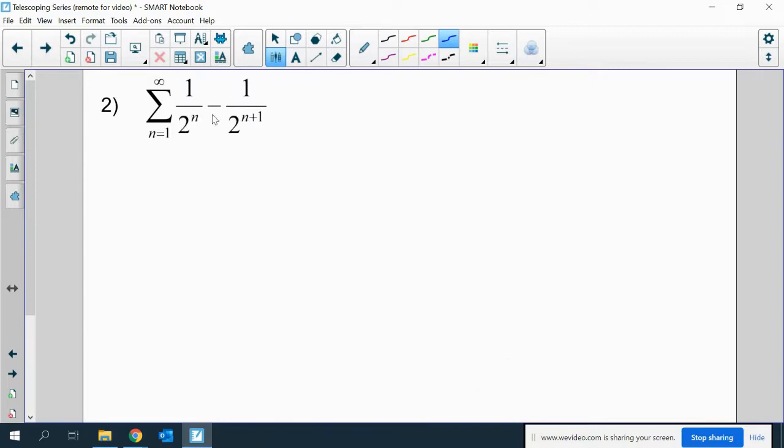So now let's use a similar tactic to try and do this one. If I take the first partial sum, I'd end up with 1/2 minus 1 over 2 squared, which would be 1/4.